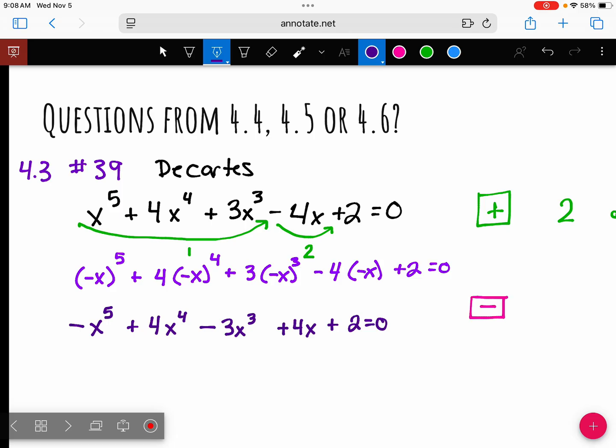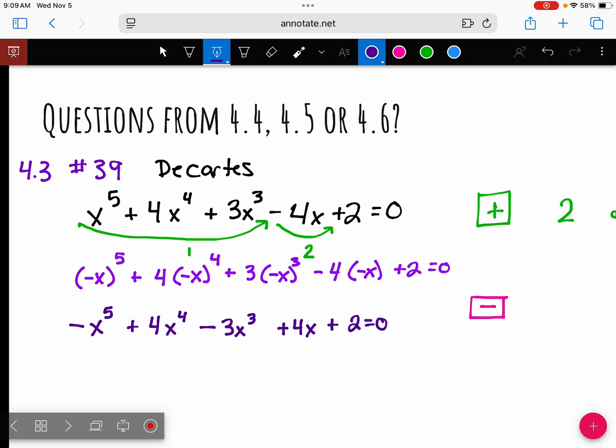Anything with an even degree, the sign did not change. The 4x to the fourth is still 4x to the fourth. Anything with an odd degree did change in sign. So my x to the fifth became negative x to the fifth. My 3x cubed became negative 3x cubed.